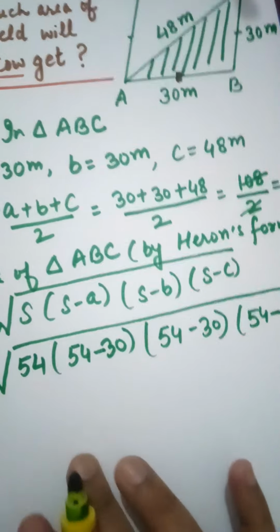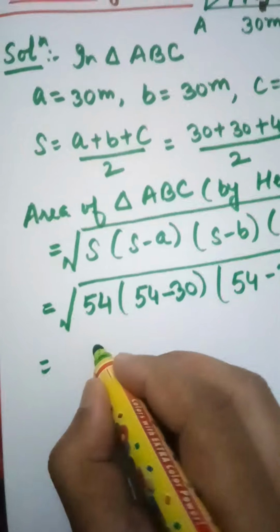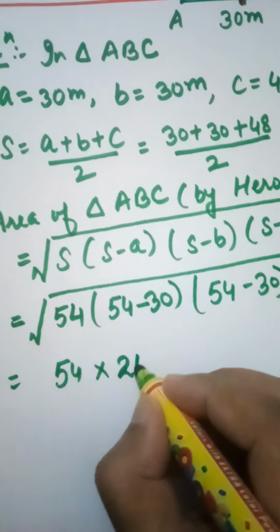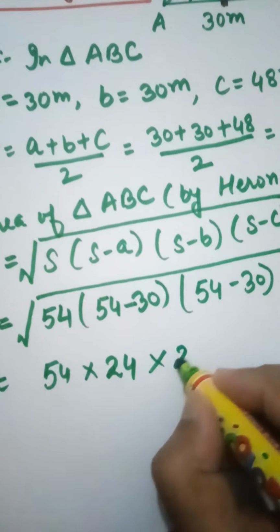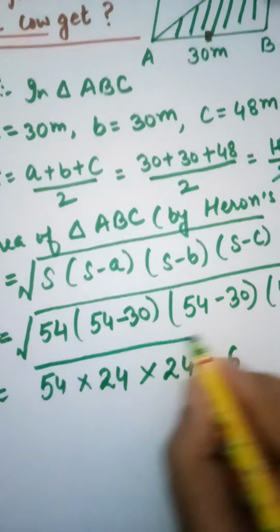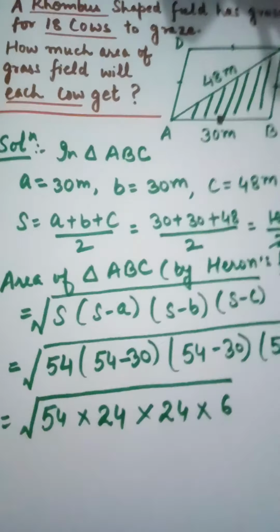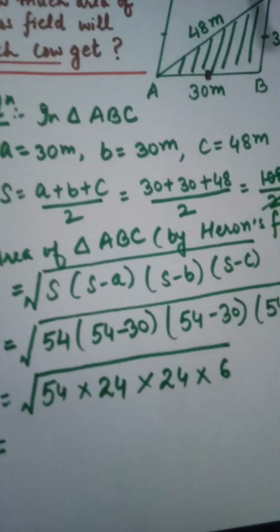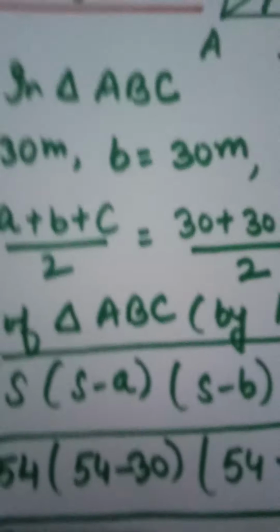Once again, if you solve it, we have 54 into, when you subtract, 24, again 24, and again 6, all under the root. Now children, you can go for prime factorization here, or I'll tell you one small trick here.